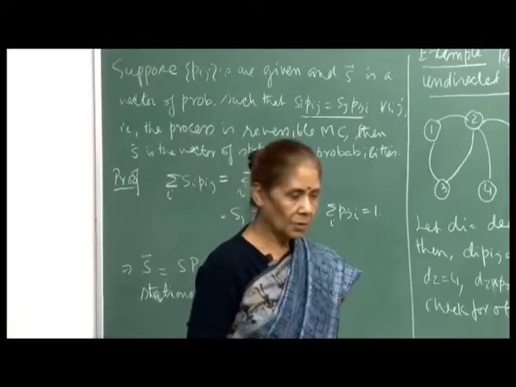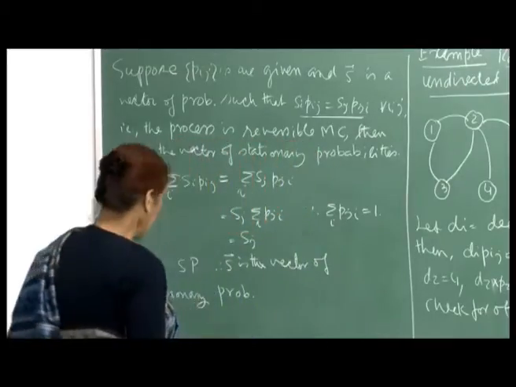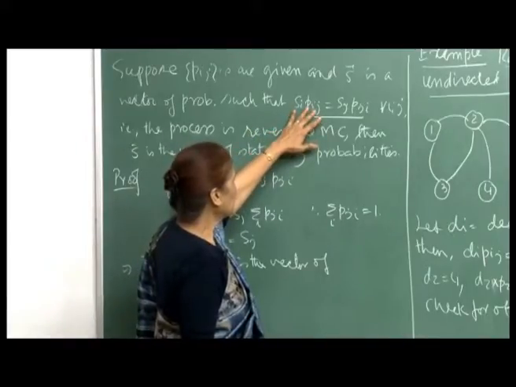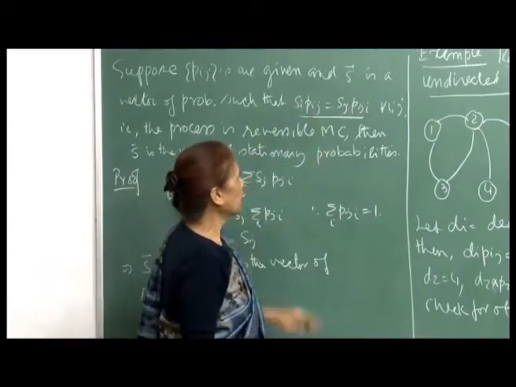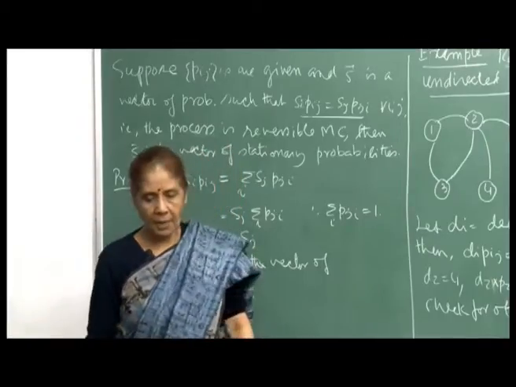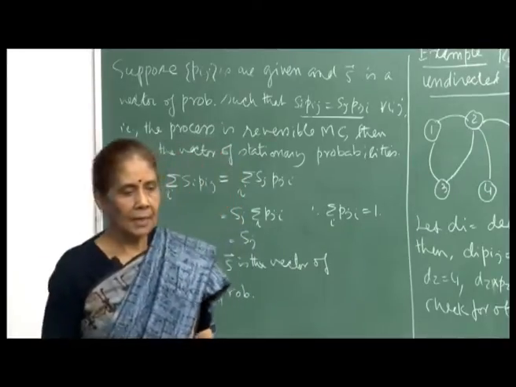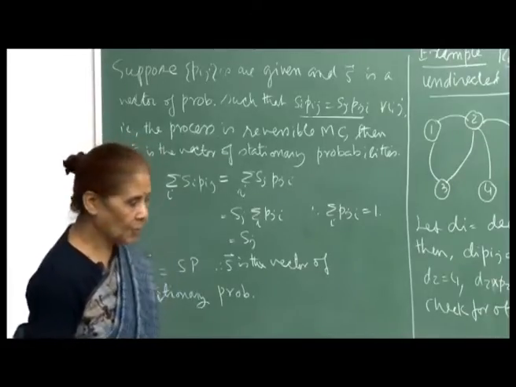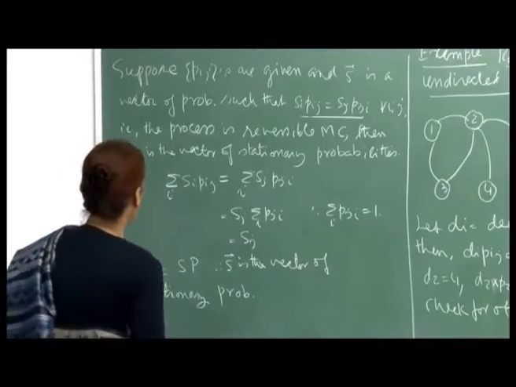Now we are talking about the converse: that if any probability vector, along with the given transition probabilities for a Markov process, satisfies these time reversibility equations, then S has to be nothing but the state probability vector. Okay, this is what we want to say.